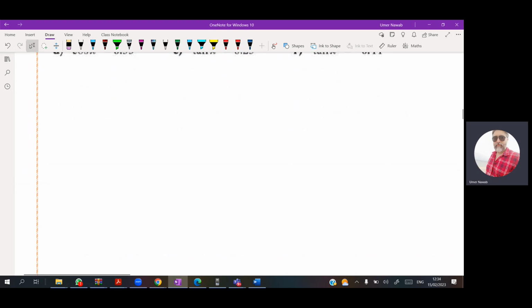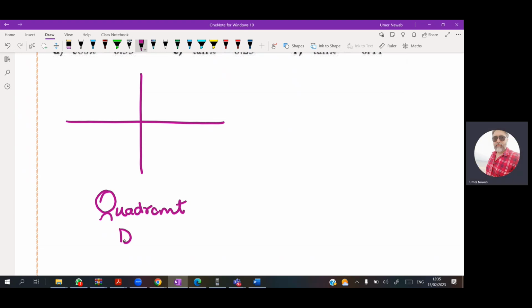Before I go further in details or solving the questions, you need to understand the following things which I discussed in the class. Guys, this is called a quadrant diagram. In a quadrant diagram, I will write this is my first quadrant.